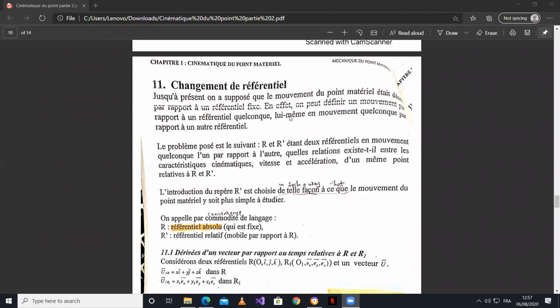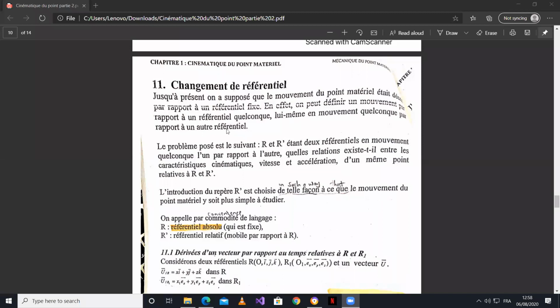So what they're telling us in the introduction here is what I'm explaining to you guys: jusqu'à présent, on a supposé que le mouvement du point matériel était décrit par rapport à un référentiel fixe. En effet, on peut définir un mouvement par rapport à un référentiel quelconque, lui-même en mouvement quelconque par rapport à un autre référentiel.